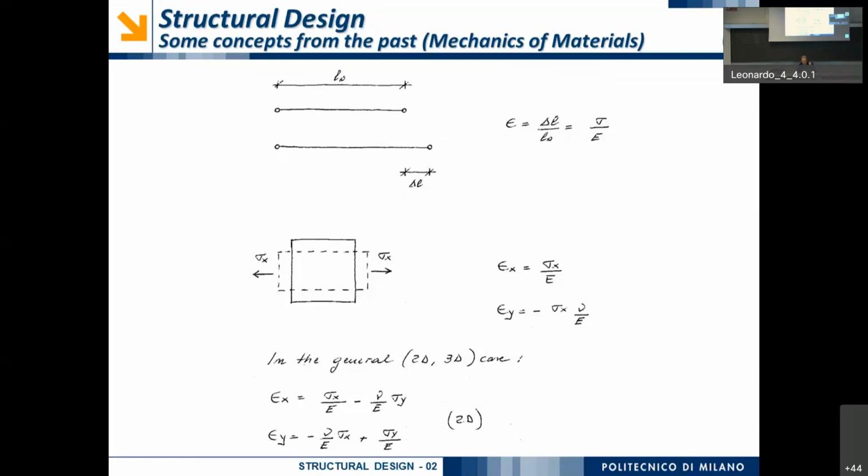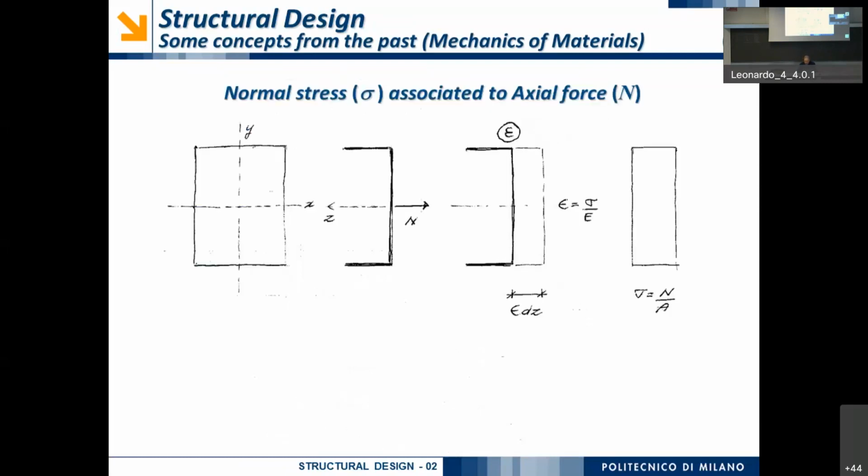This is of course valid in two directions, but if I want to extend this kind of definition to three directions, I will not have a square element like this, but I will have a cube, so with forces in the orthogonal direction. And so there will be stress also in the z direction, and also strain in the z direction, okay?